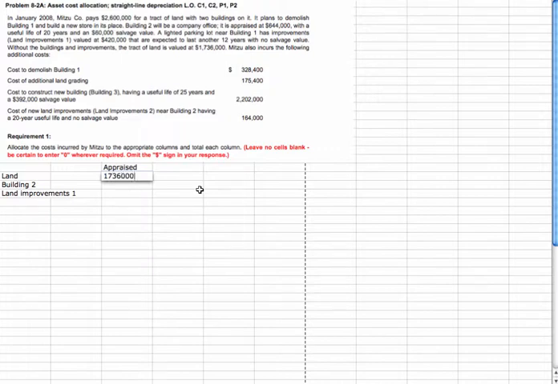Building 2's appraisal is $644,000. The land improvements are $420,000. So that gives us a total appraised value. We add these all up.